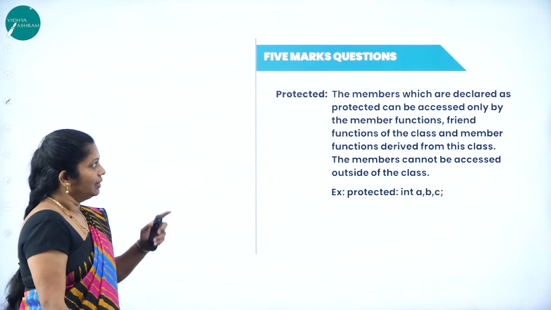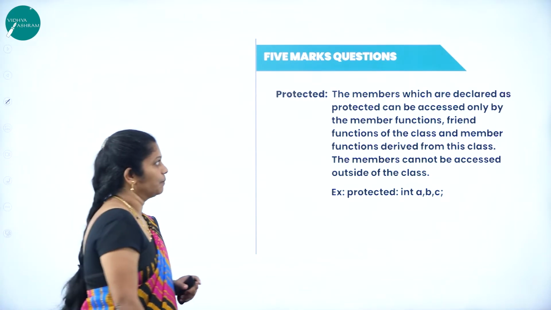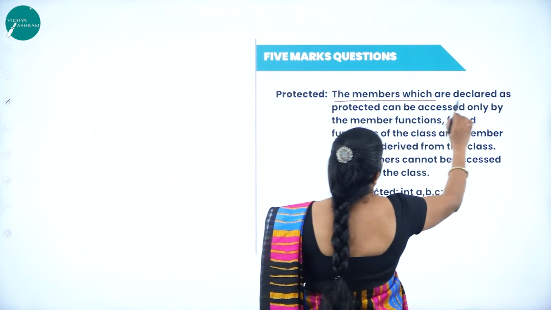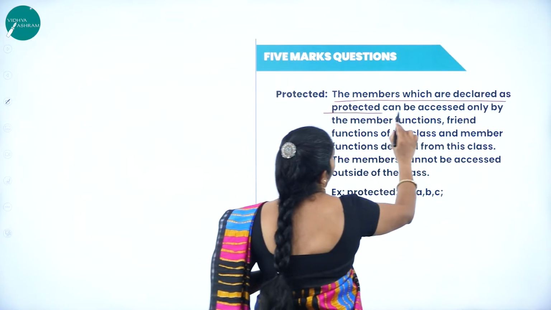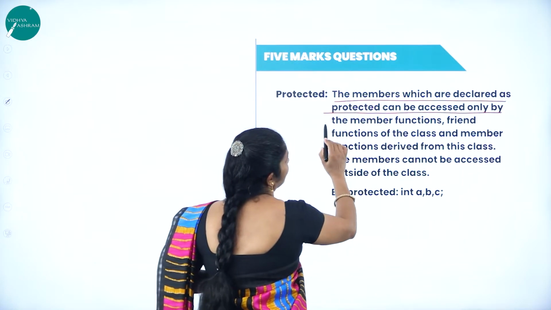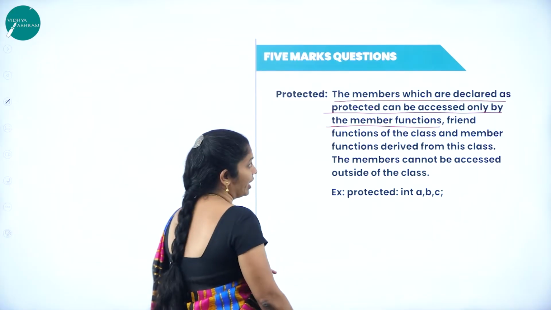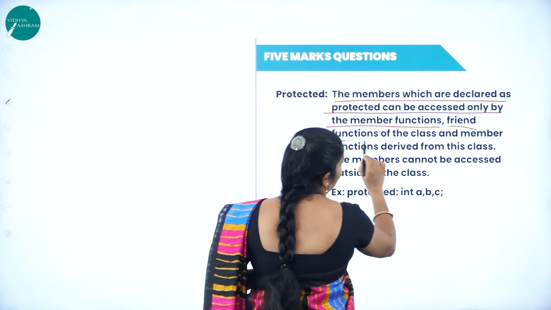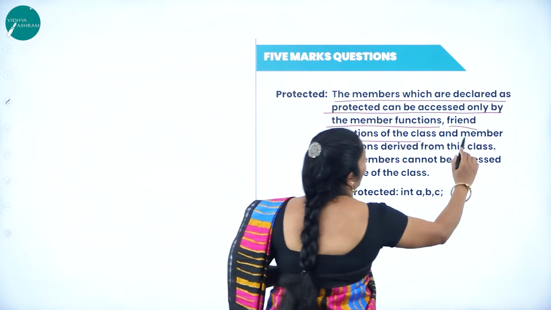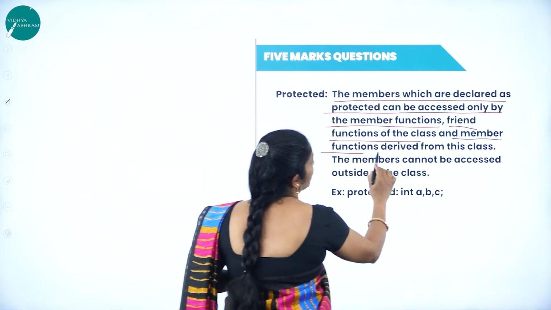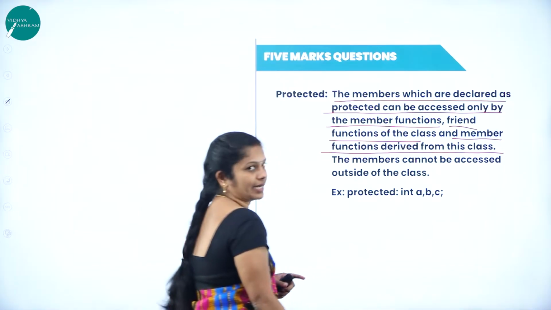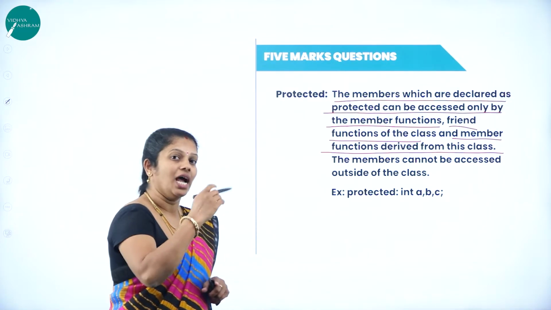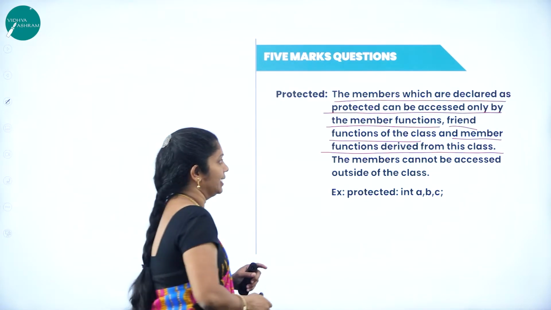Now is it clear? Next one more we have, protected. The members which are declared as protected can be accessed only by the member functions and friend functions of the class, and by member functions of classes derived from this class. That means a child class can also access this data.